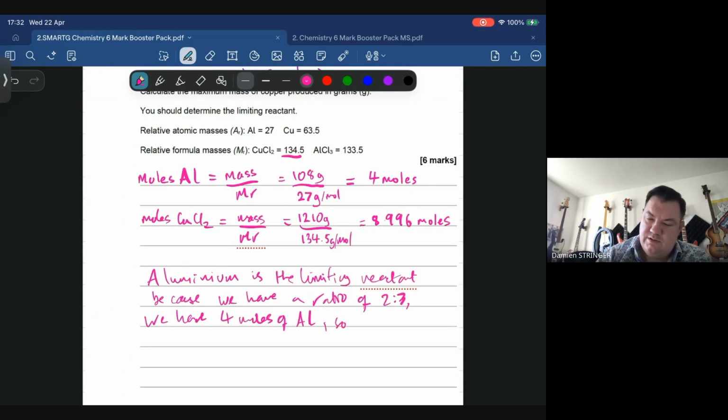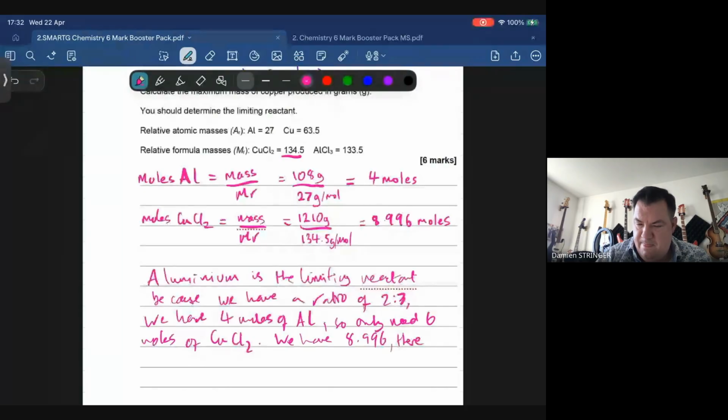So we only need 6 moles of CuCl2. We have 8.996.